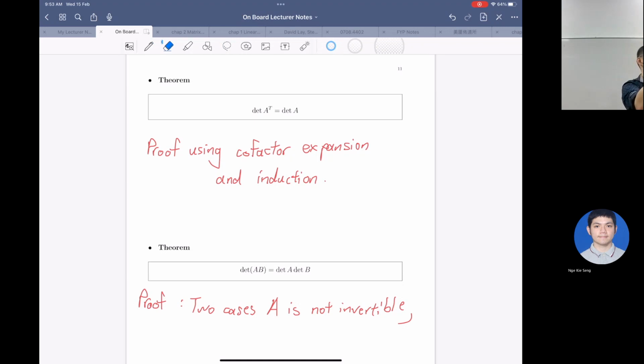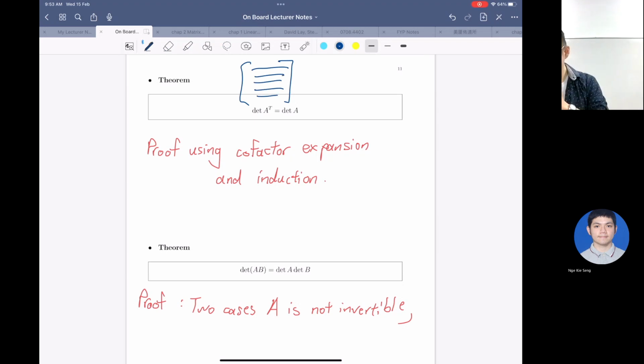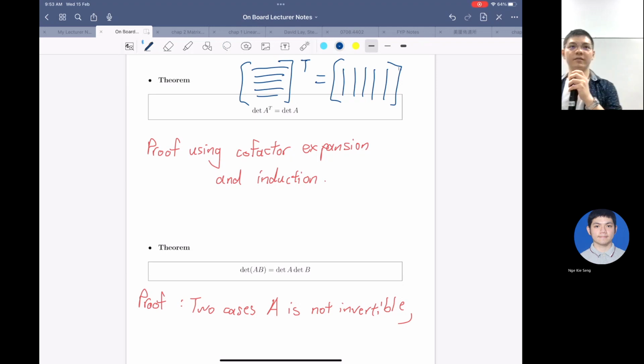The row changes to column, yes, but it's still the same sequence of numbers. Can you imagine? So if you take a row or column, after you transpose, it's the same sequence of numbers, so you get the same number. Make sense? Okay, good.